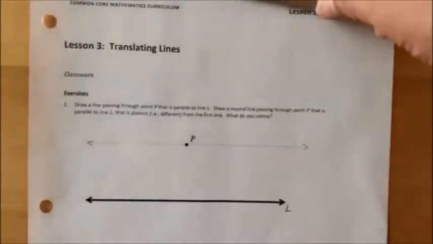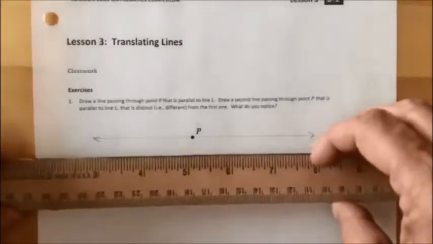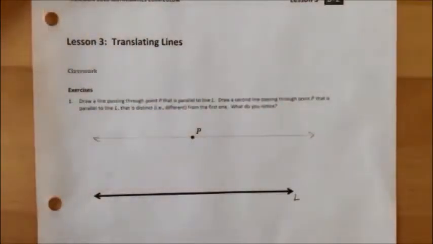But if I try to draw another line through P that's also parallel, I notice that it's just going to be the same line. So I can't do that.